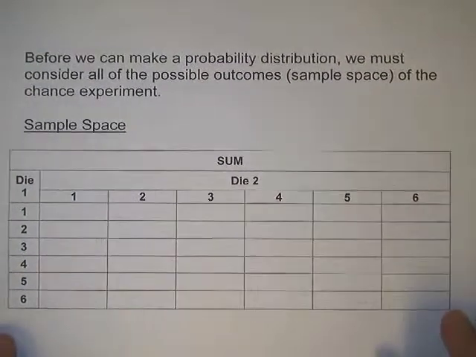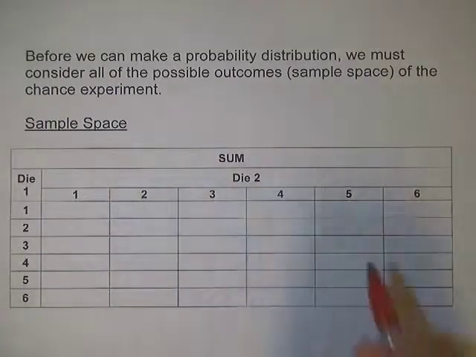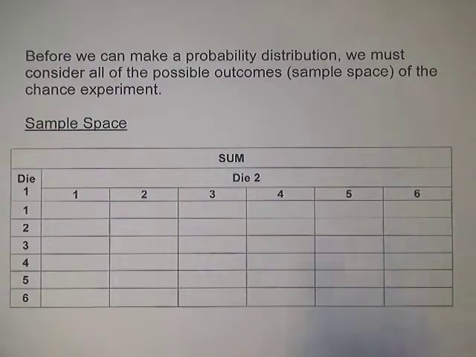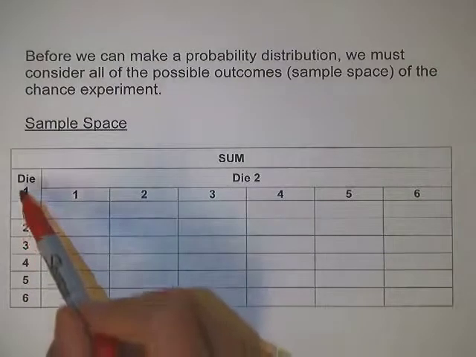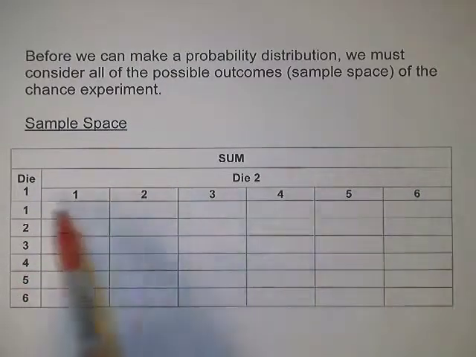Before we can make a probability distribution, we must consider all of the possible outcomes, which is known as the sample space of the chance experiment. What I have laid out here is a table where we're going to look at all of the different values of x, all of the different outcomes. Here I have the outcomes of die 1, and here I have the outcomes of die 2.